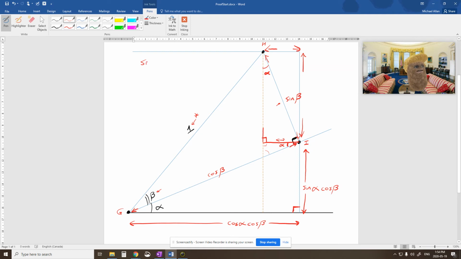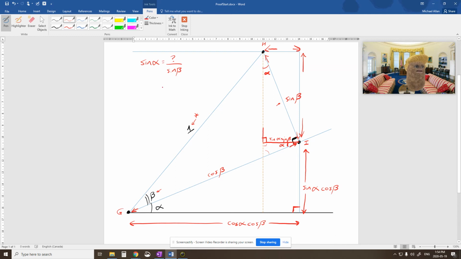So sine alpha is equal to question mark over my hypotenuse, which would be sine beta. So this little piece down here would be sine alpha sine beta.